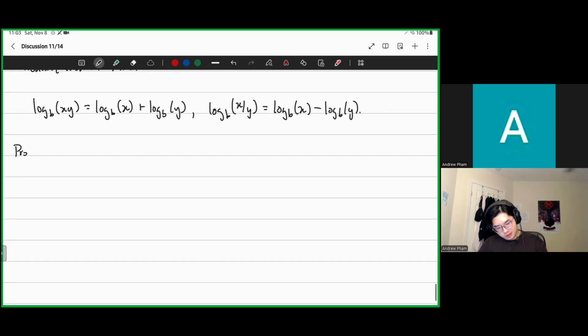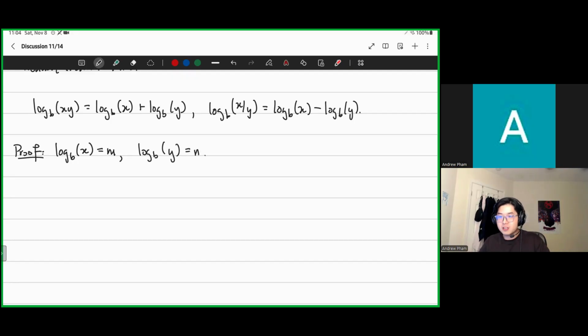Since we have an addition of two things, it's good for us to consider two definitions of logarithms. So let's define logarithm base b of x to be m and logarithm base b of y to be n.